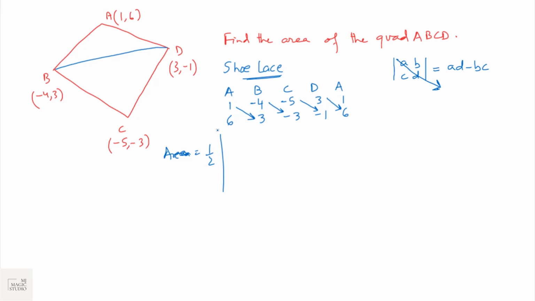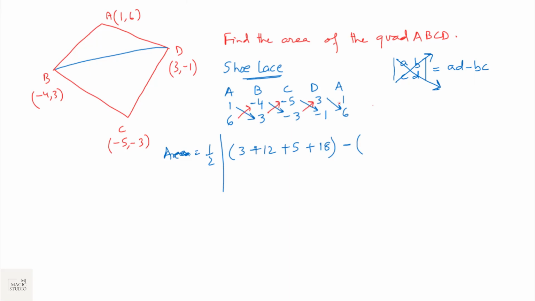Add all the principal values first. 1 into 3 is 3, plus minus 4 into minus 3 is 12, plus minus 5 into minus 1 is 5, plus 3 into 6 is 18. Now deduct all the secondary values. So these are the secondary values.